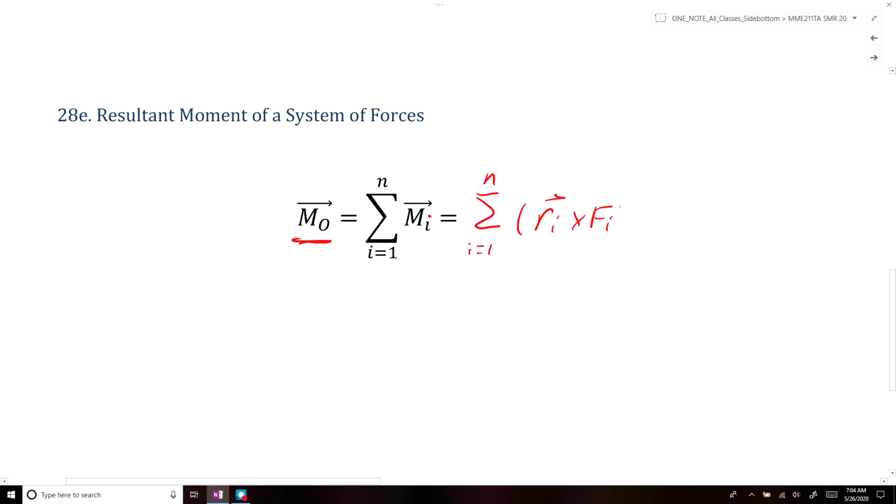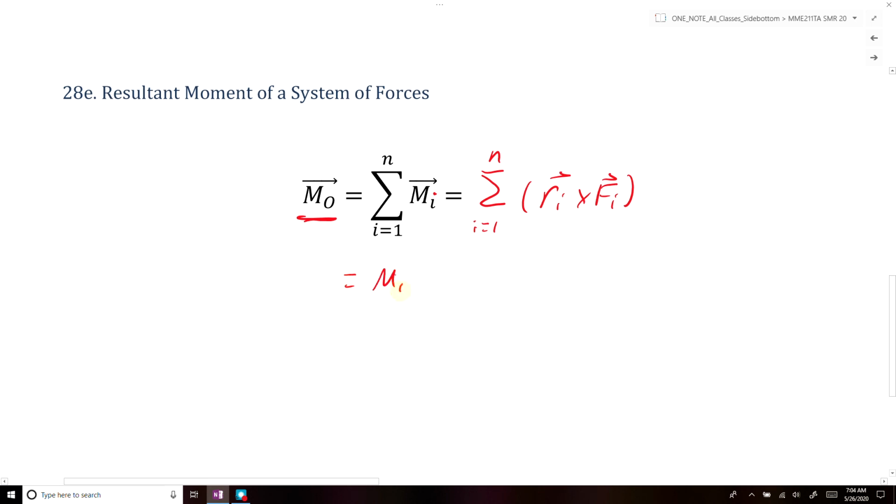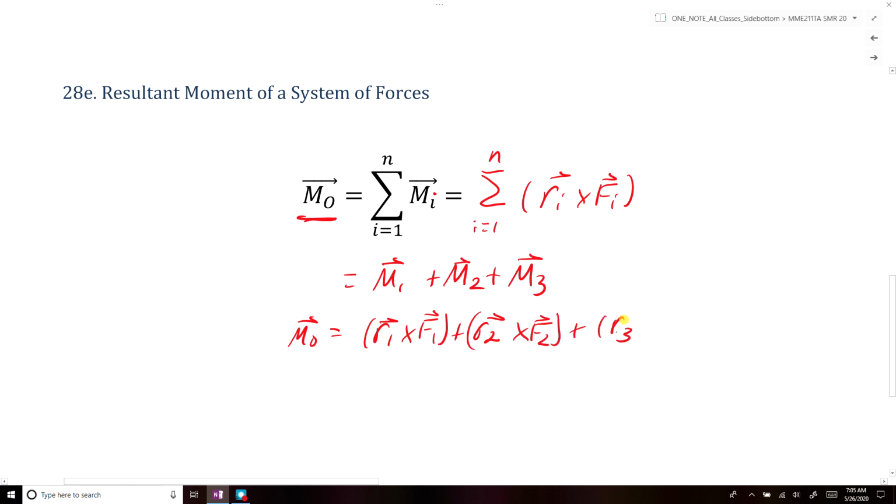So if you had moment 1 plus moment 2 plus moment 3, the overall moment about the origin point would be equal to r1 cross F1 plus r2 cross F2 plus r3 cross F3. Each of these will have their own individual x, y, and z components. So you just add the x, y, and z components of those 3 moment calculations to get your overall moment about that point.